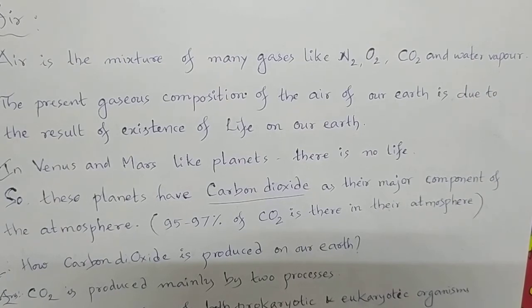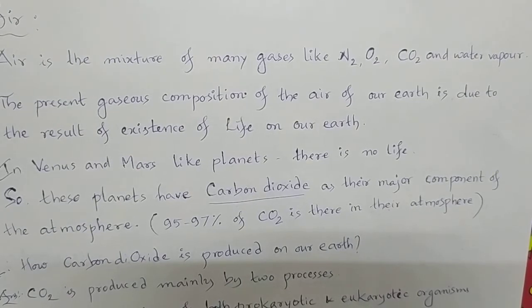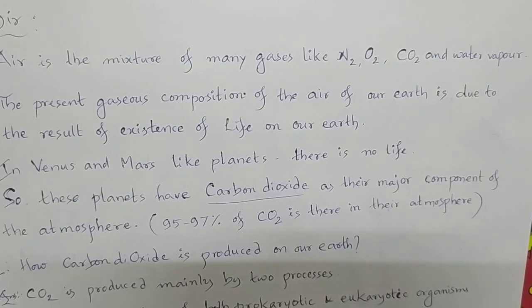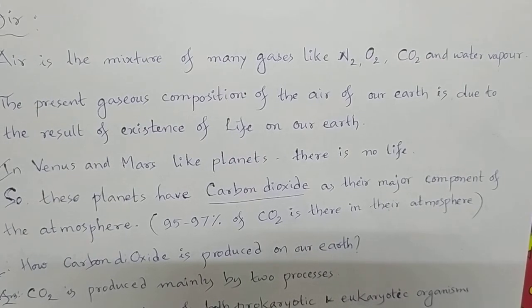When there is no life on Venus and Mars, which gas is the predominant gas in the air of those planets? There, carbon dioxide is the predominant gas in the atmosphere of those planets. Around 95 to 97 percent of CO2 is there in the total air of those planets.